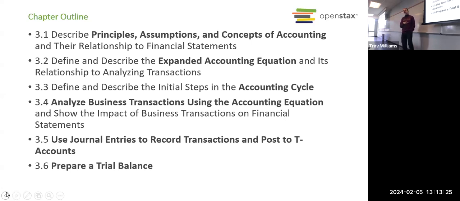We know the accounting equation. We've already learned that. Who can tell me what is the formula for the accounting equation? That is for the income statement. Okay. I'm sorry, say a little bit louder. Assets plus liabilities equals owner's equity.